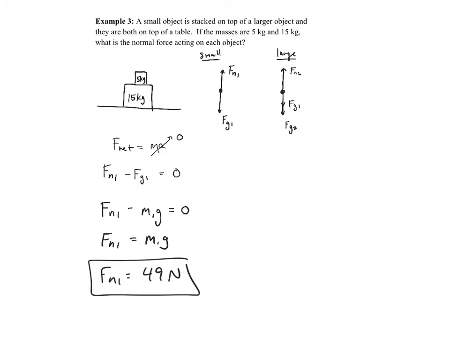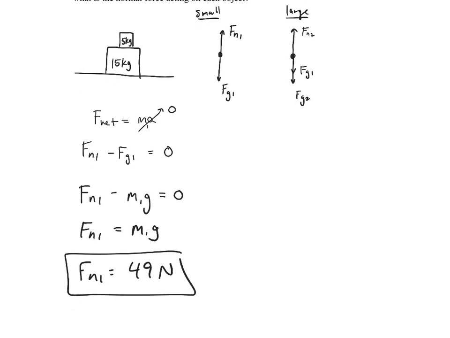How about m2? Can somebody give me the equation for m2? The heavier mass, I should say, not the upper one. Jack, go ahead, take a stab at it. You would write down Fn2 equals m2g. Close, Jack.